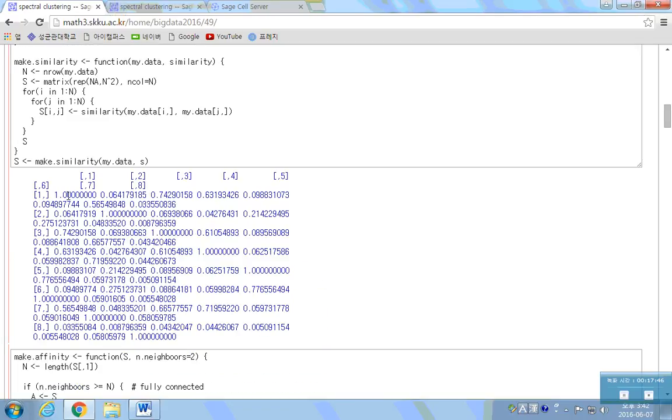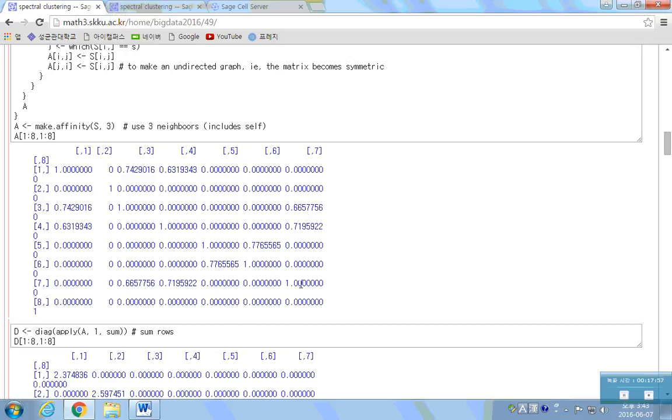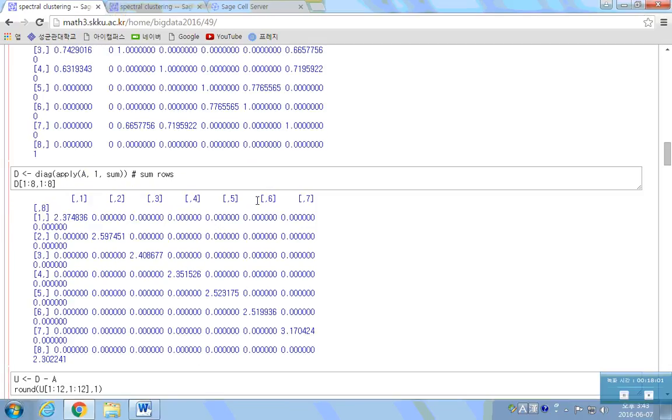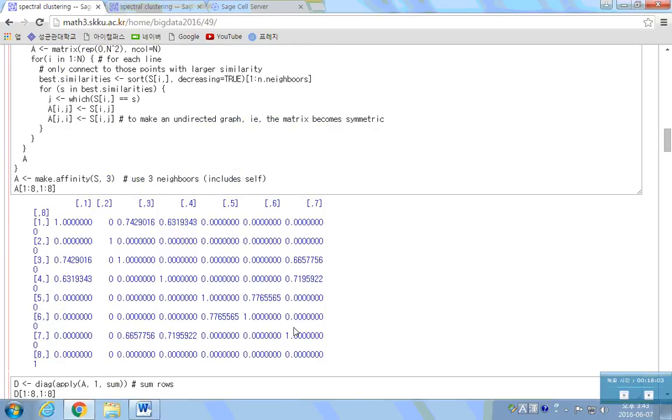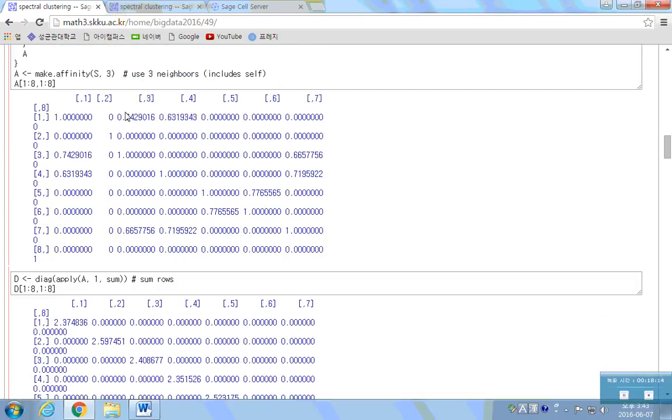For values like 0.0-something, we can all make them 0. So the matrix will be simpler. This is the revised similarity matrix, and then we add all the rows.